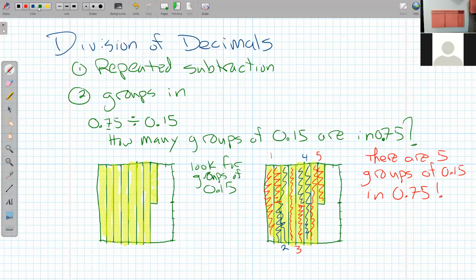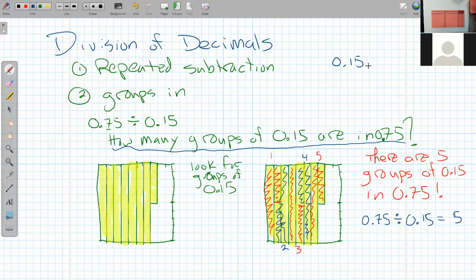So I can restate it as a division. 75 hundredths, and remember, we're trying not to read it as slang, that's not 0.75, divided by 15 hundredths is simply just 5. Now, if I go back to the question I asked, how many groups of 15 hundredths are in 75 hundredths? That could be written in the goes-into symbol form.